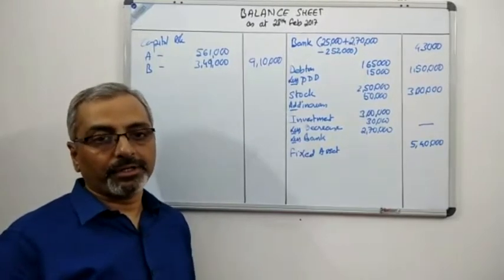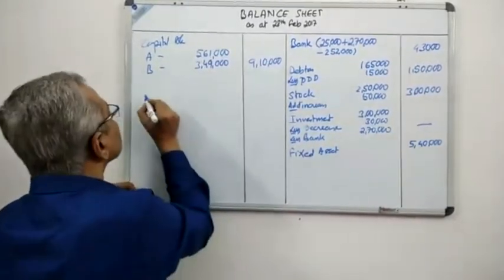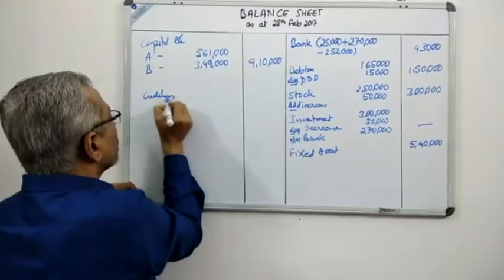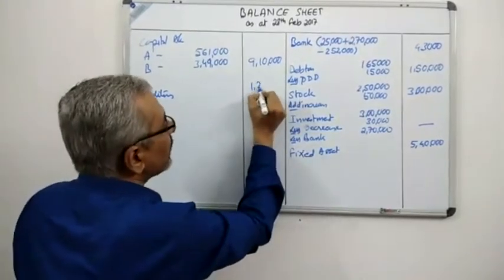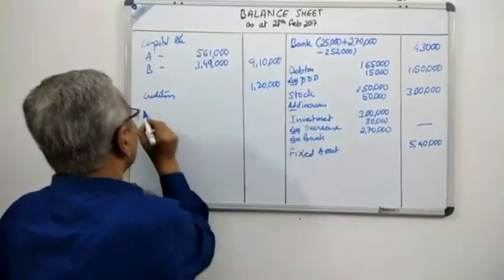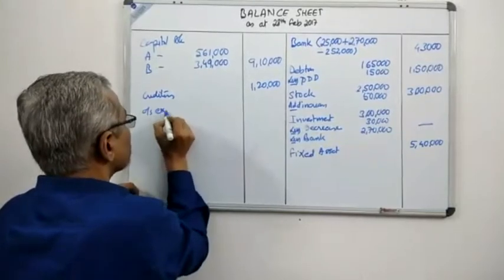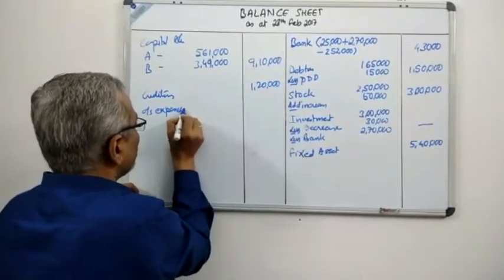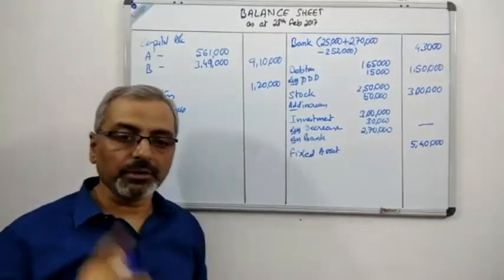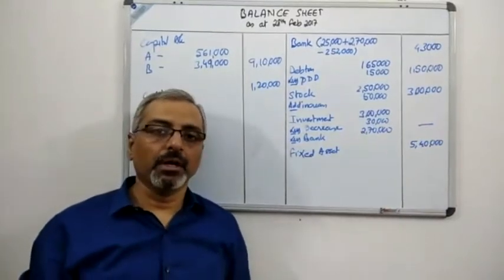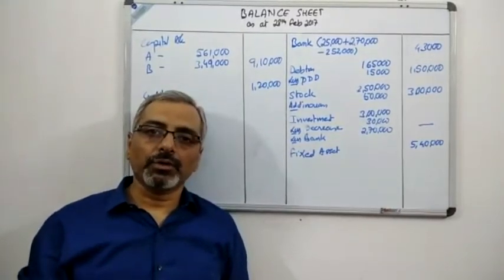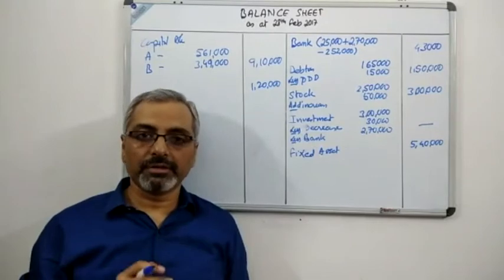Now we have creditors over here, the value of which is given as 1,20,000, and there are outstanding expenses. And if you see, there is a treatment of outstanding expenses: 10,000, and there was a decrease of 7,000.